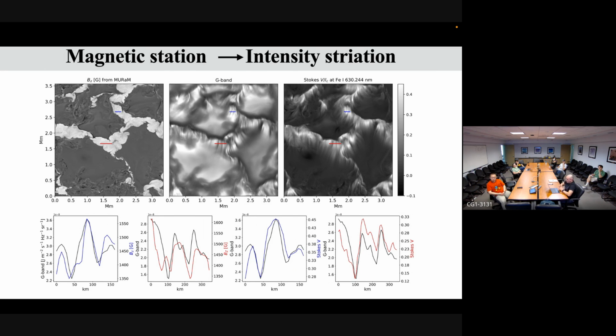And again, there are perfect correlations between the polarization signature and G-band intensities along the lines that are crossing the dark striations. So there is no doubt that these fine-scale striations are produced because of the magnetic field variation.